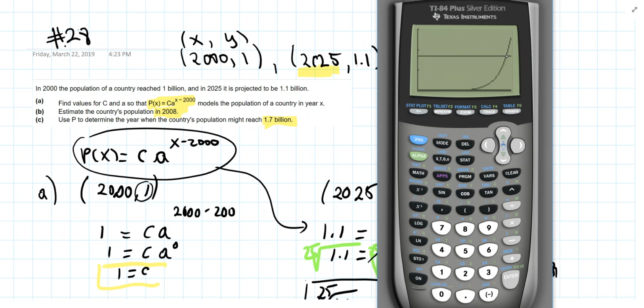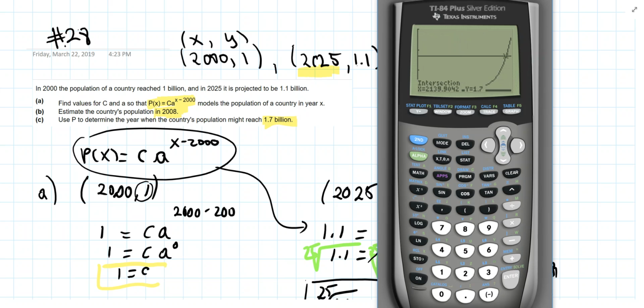So if I find the x value of the intersection point, that's going to tell me when the population reached 1.7 billion. So just like before, I'm going to press second trace, which is going to take me to calculate, and I'm going to calculate the intersection point. I hit enter, I hit enter again, and enter again, and enter again, so basically 3 times.